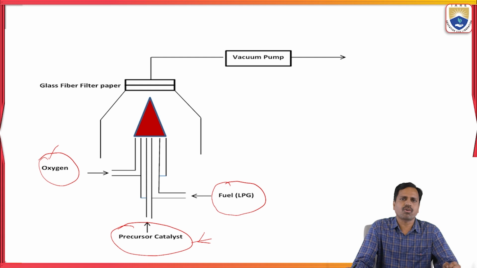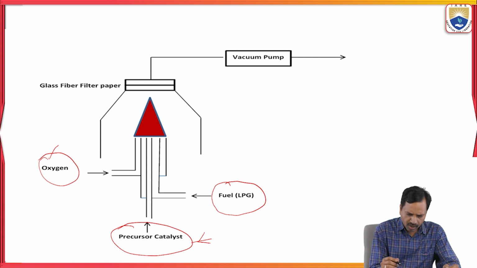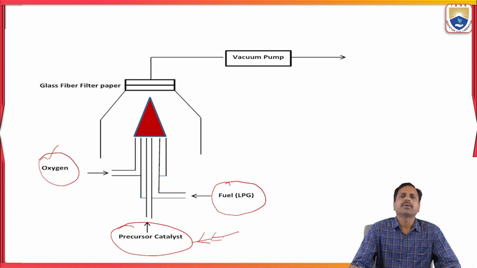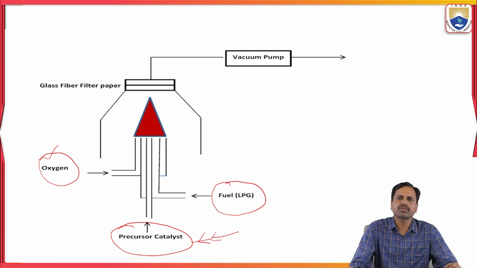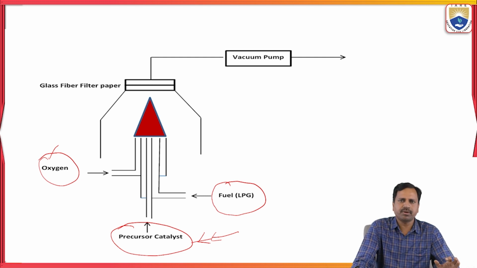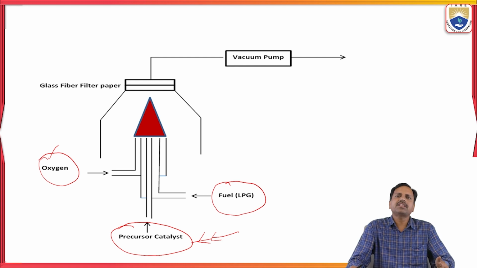Then we take in the precursor gas. Suppose we want to synthesize titanium dioxide, we have to take titanium tetraisopropoxide as a precursor. If we want to synthesize nickel, we can take any nickel-based precursor.